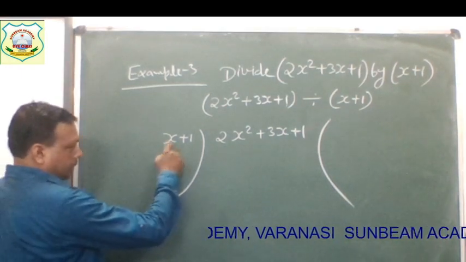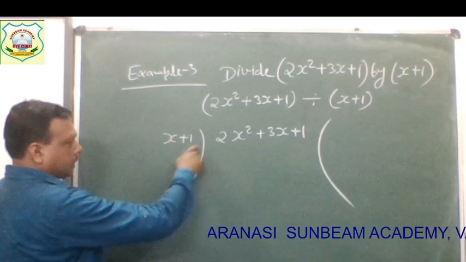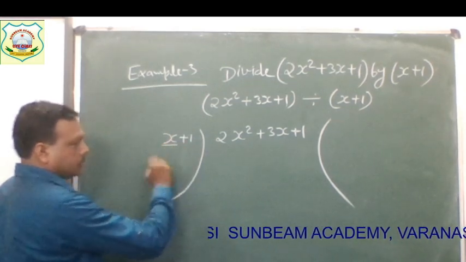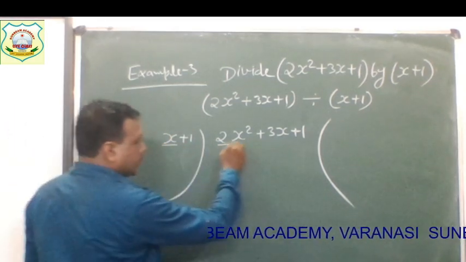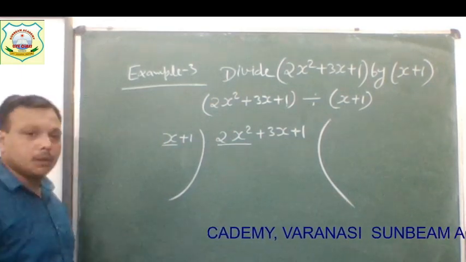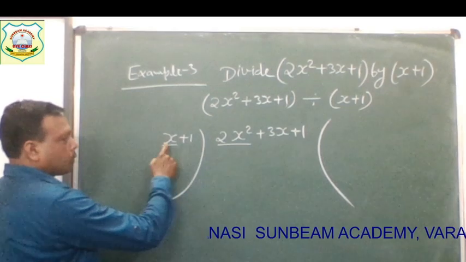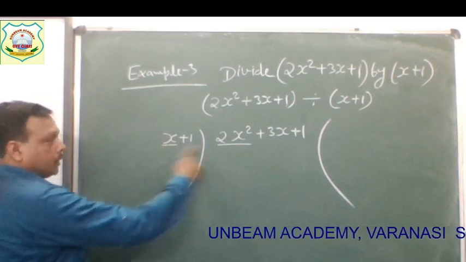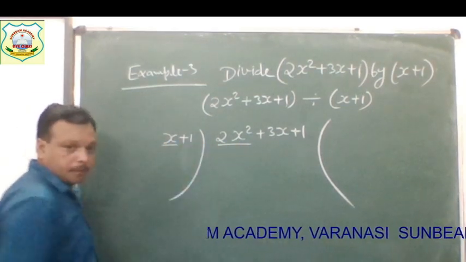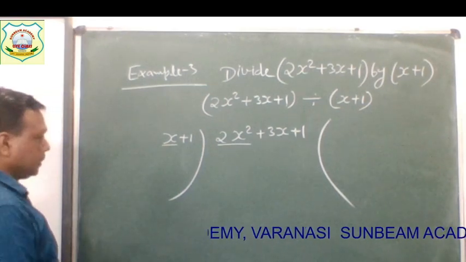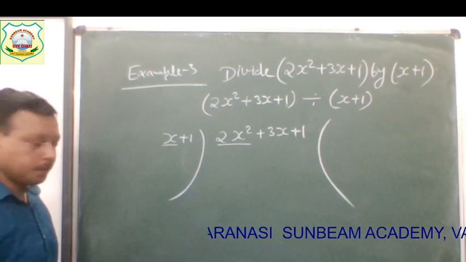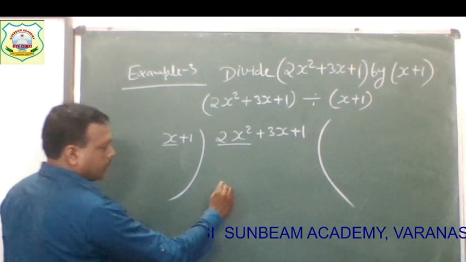Always, whatever divisor is given, we have to check its first term and the dividend's first term. x, what do we have to multiply in this value to get 2x square?